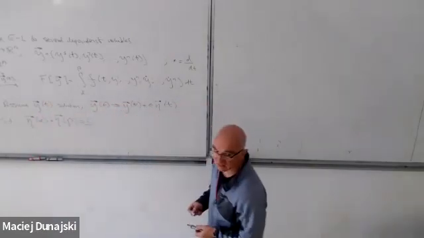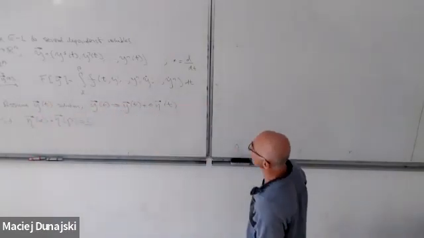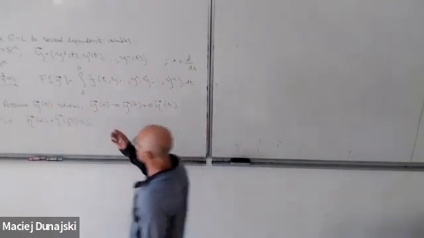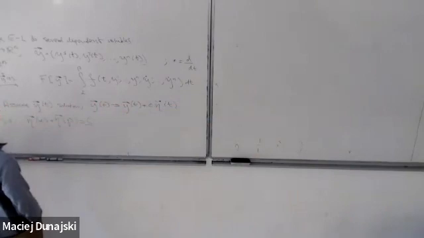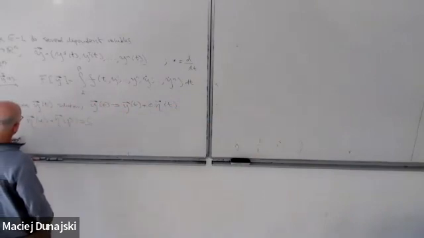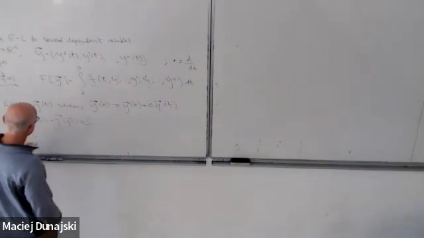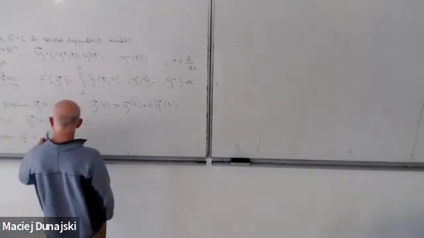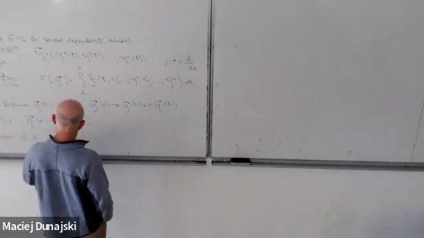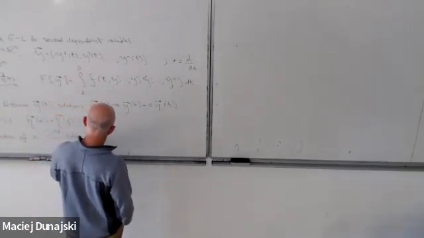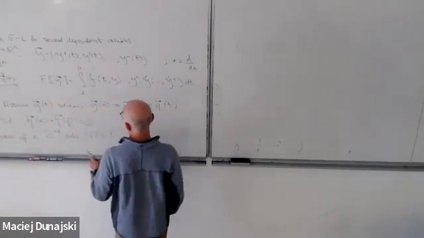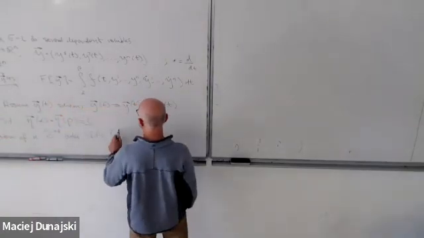Apply this fundamental lemma of calculus of variations. And if we do all that, go through the derivation, we arrive at the system of n second order ODEs, called now Euler-Lagrange equations.